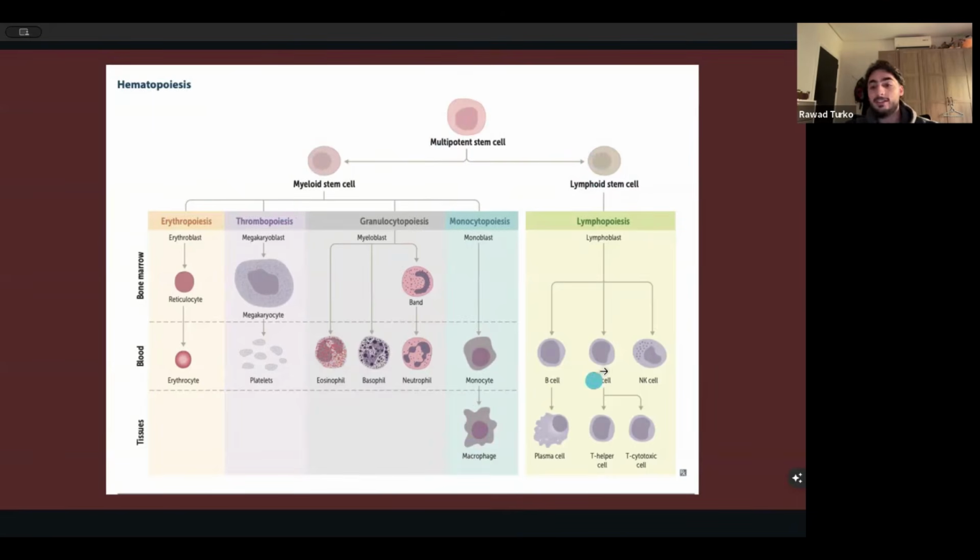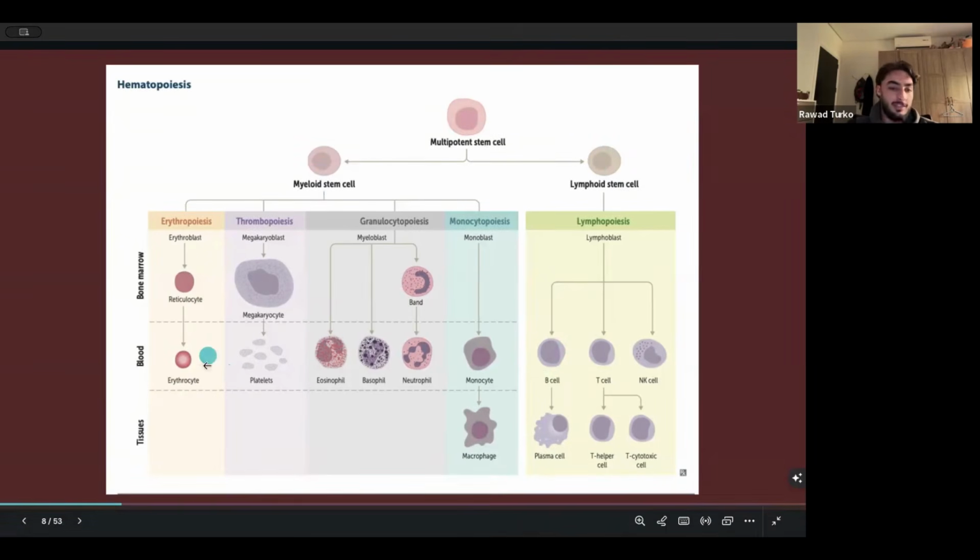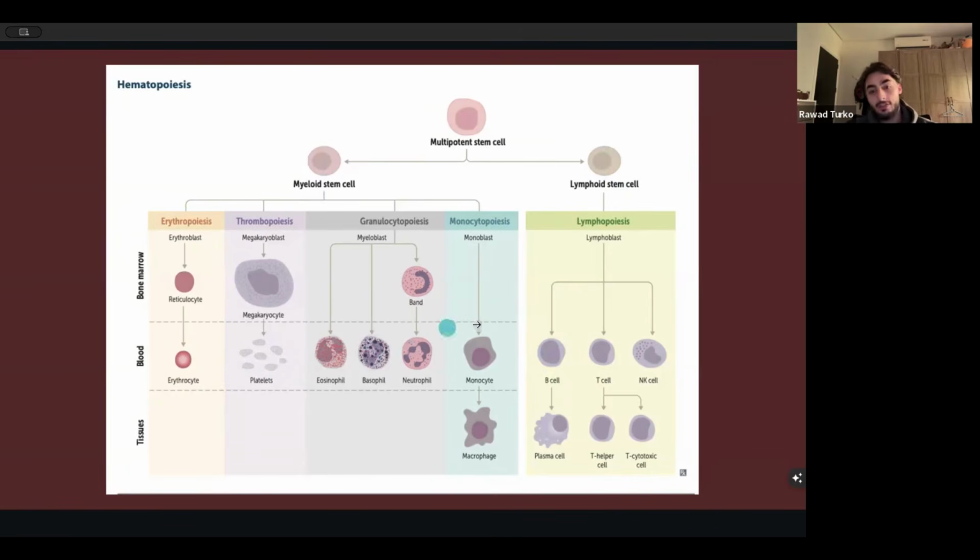The lymphoid stem cells are going to give us plasma cells, T helper cells, cytotoxic T cells, and B cells. Okay, so these are the important ones that I want you to focus on. B cells and T cells, we're going to get from the lymphoid stem cell. The myeloid stem cell is going to give us everything else. So that's the red blood cells, platelets, eosinophils, basophils, neutrophils, and monocytes or macrophages.